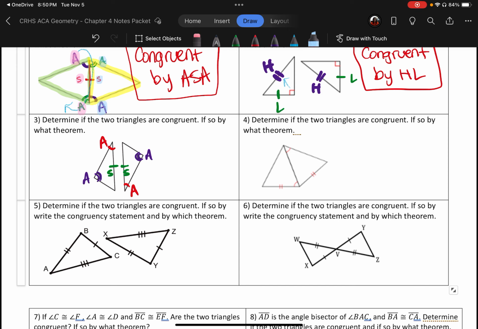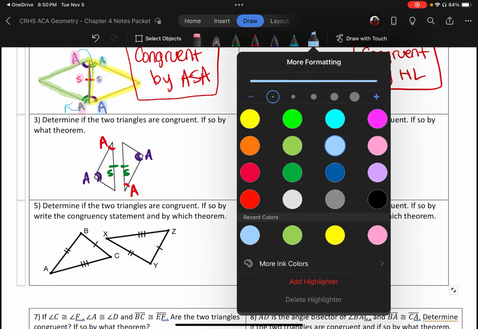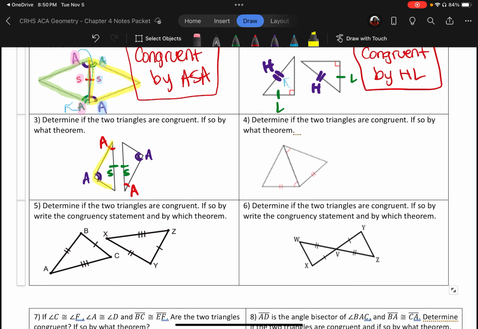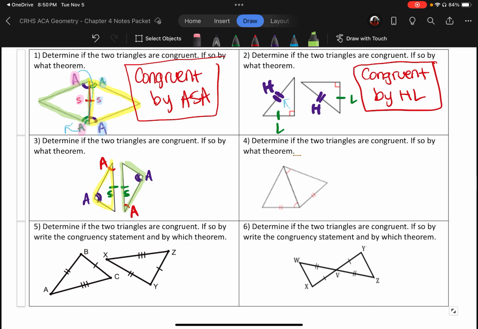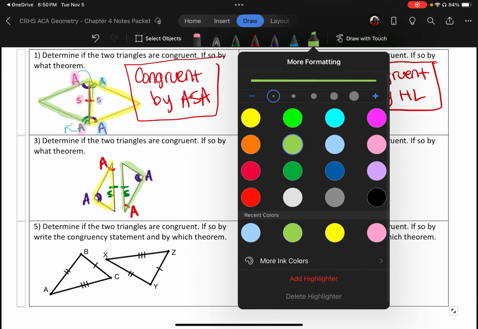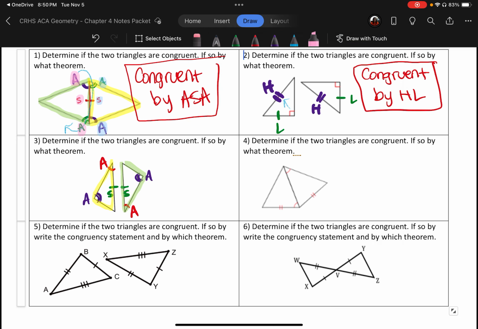So these are the challenging ones because you have to read this carefully. My only 2 options on where to start, if I'm looking at these 2 triangles, the yellow triangle and the green triangle, I have to start in the yellow triangle. If I start reading this, I either have to start at the purple angle or the green side.